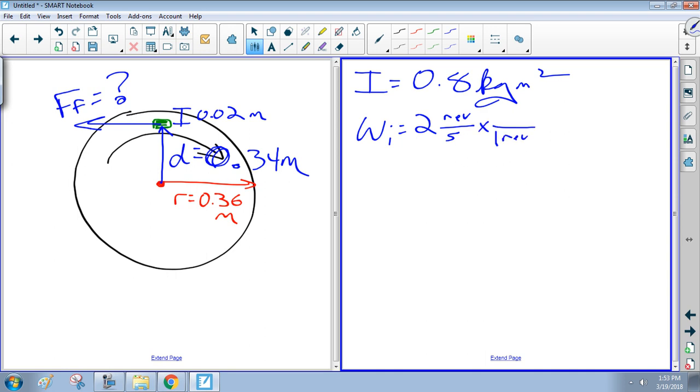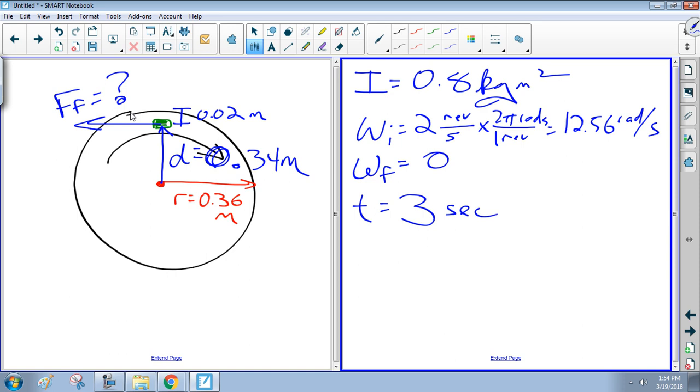So 1 revolution is the same as 2 pi radians. So that's 12.56 radians per second. Since we are trying to stop the bicycle, our final angular velocity has to be 0. And we want this to all occur in a time of 3 seconds. So we can find our alpha.